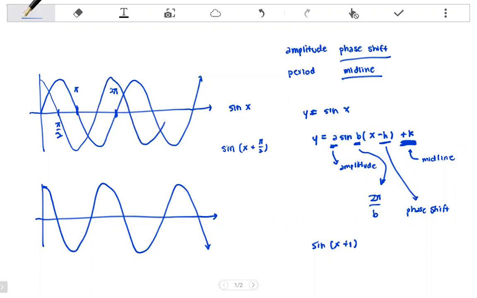Okay. Isn't this graph the same as a cos graph? If you look at it carefully, they both start at the maximum.